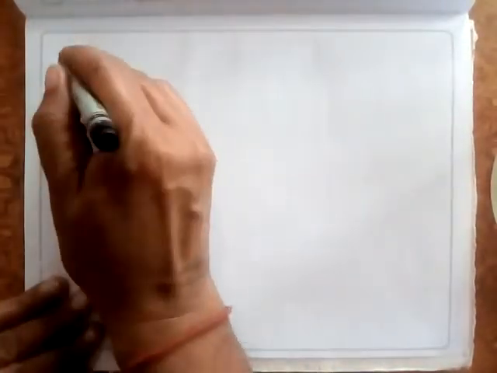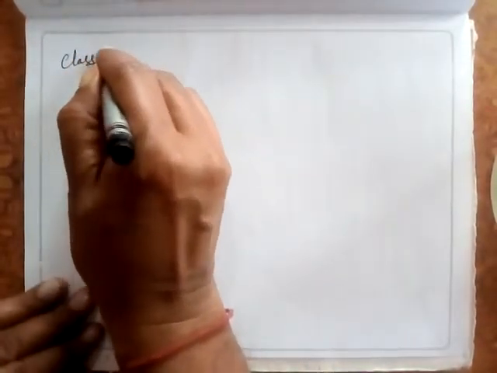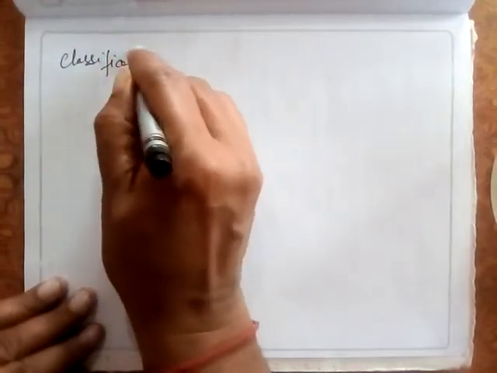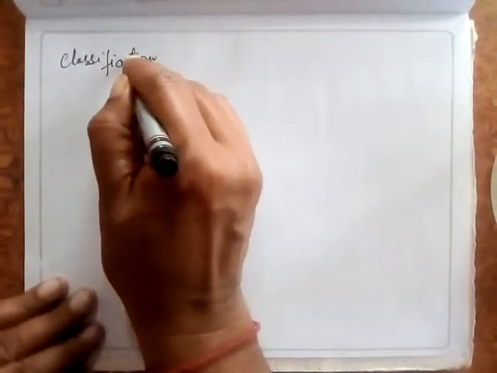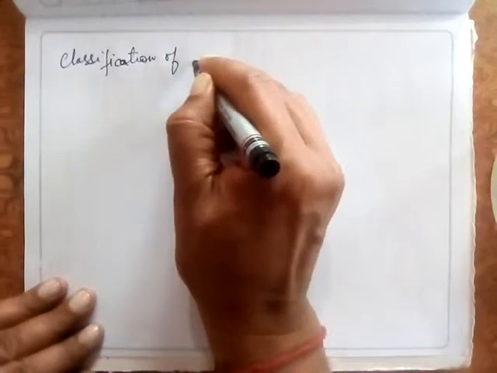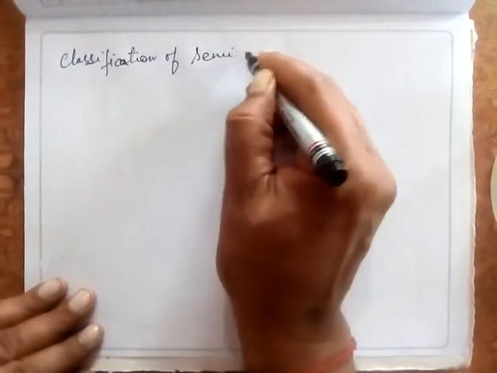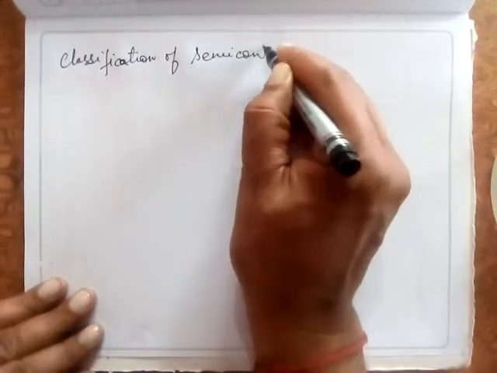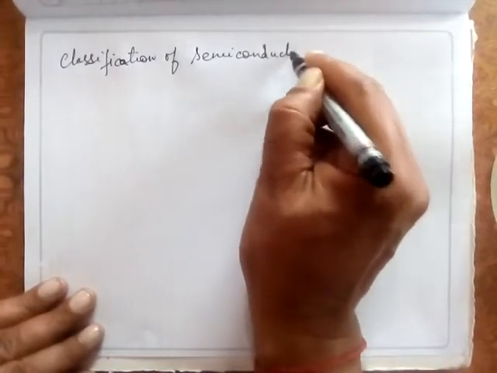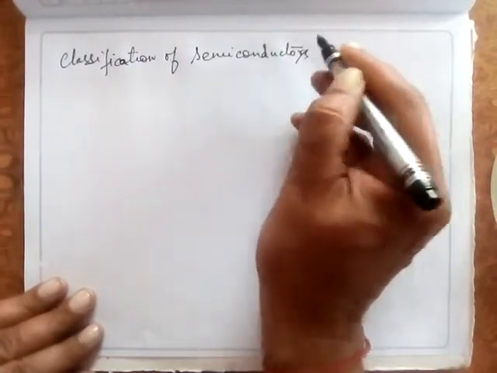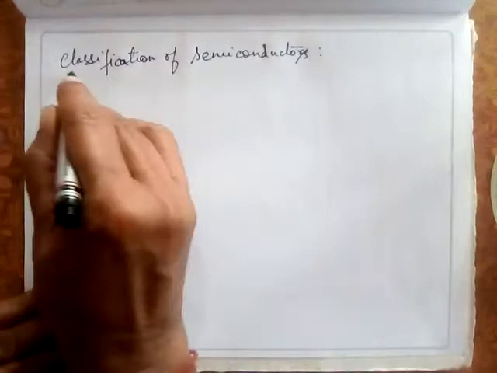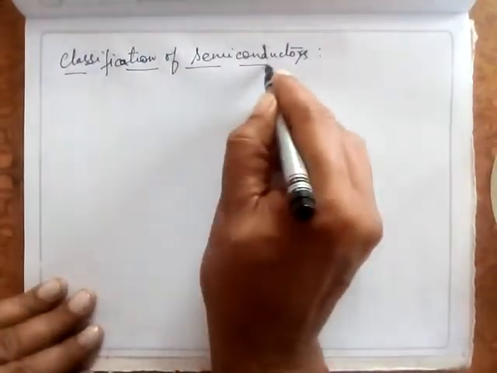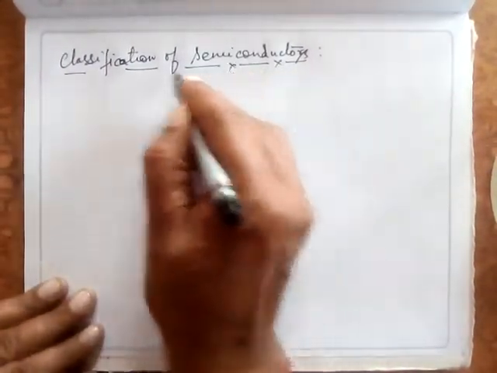Now I move to semiconductors and classification of semiconductors. We have discussed that materials having an energy band gap between 0.7 to 1.1 electron volt, or 2 electron volt, come under the category of semiconductor.